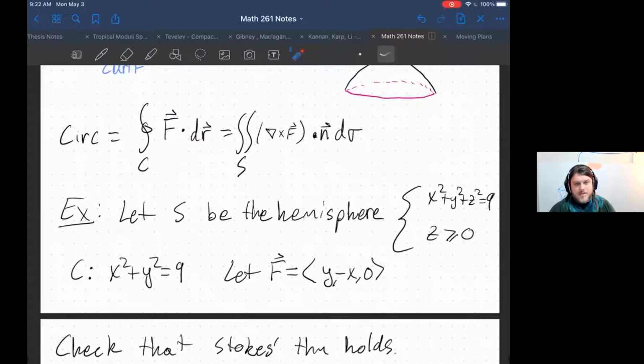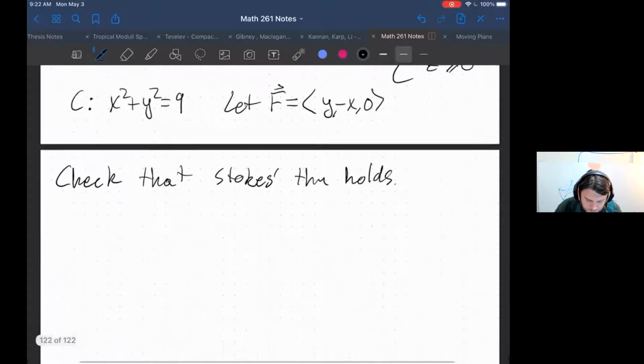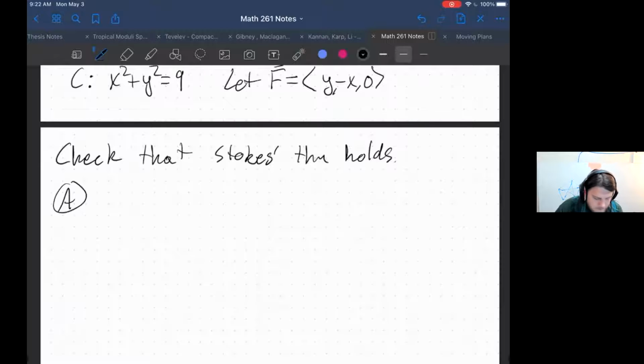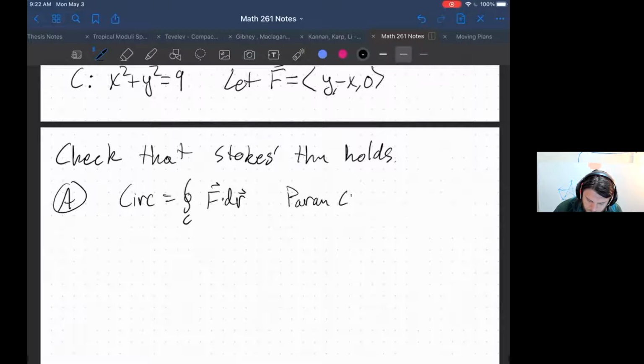So we're going to parameterize this curve in a counterclockwise direction. Then part B, we're going to check the surface side of this. Okay. So like I said, we need to first parameterize C.